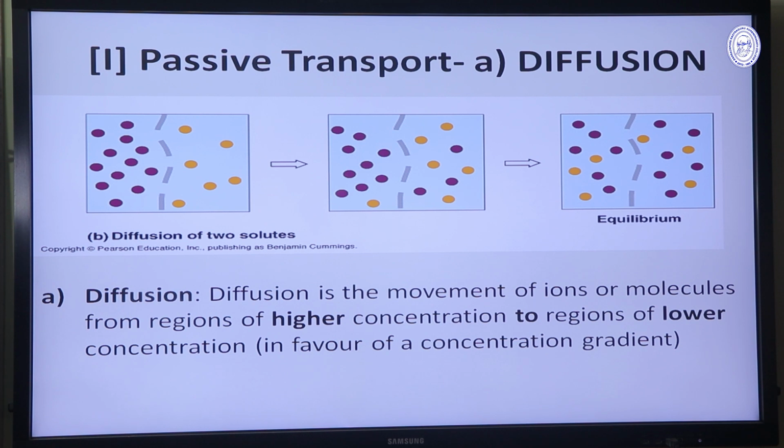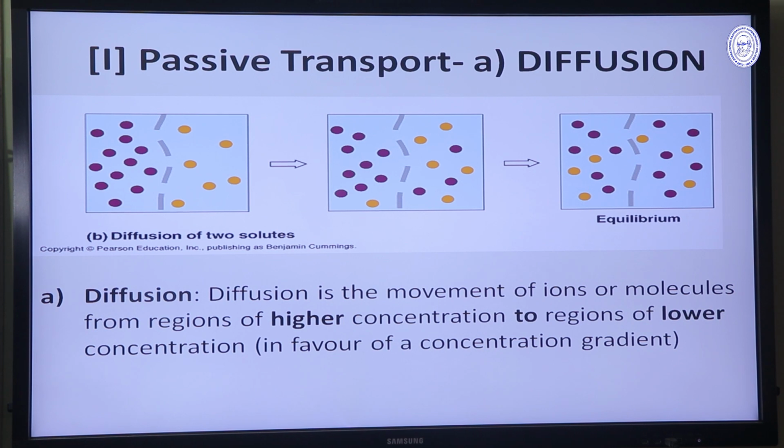The reagents will mix with each other freely until they reach an equilibrium, where in both the compartments each of the molecules are equal in concentration. So, diffusion is the movement of ions or molecules from a region of higher to lower concentration, that is in favor of a concentration gradient.